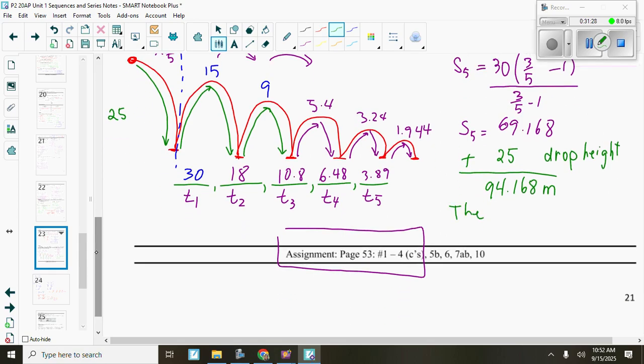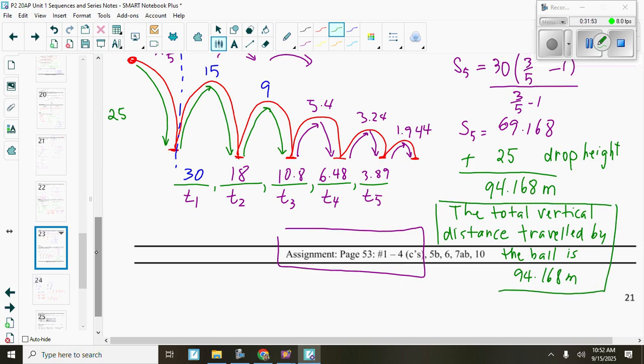So the total vertical distance traveled by the ball, let's just round that nicely, 94.2, that's fine.